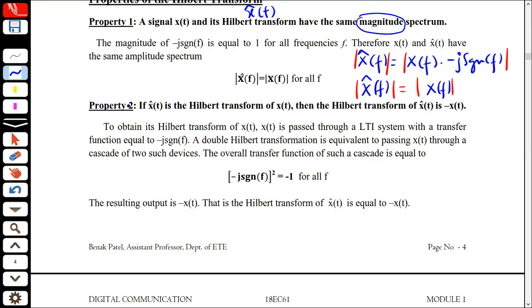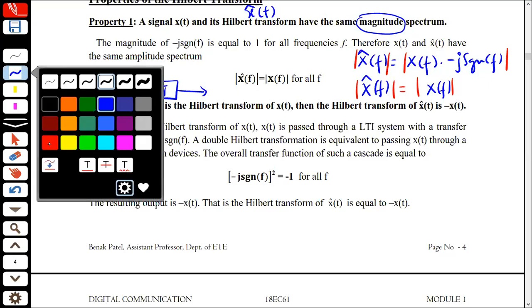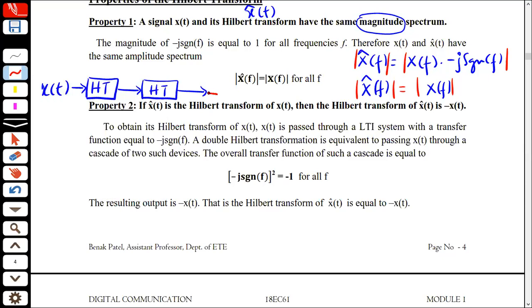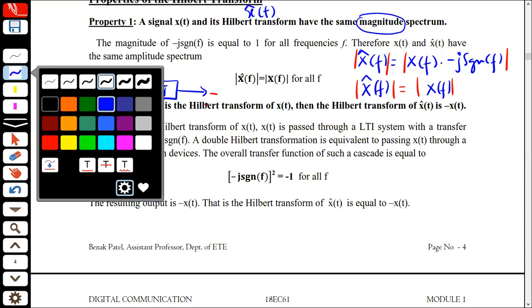The statement is like this: if I make some signal x of t go through two Hilbert transform blocks, then whatever output signal I get will be equal to negative x of t.